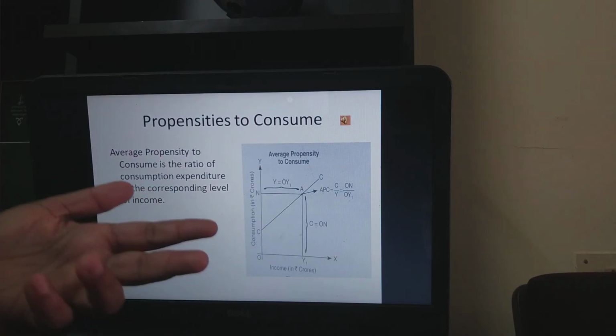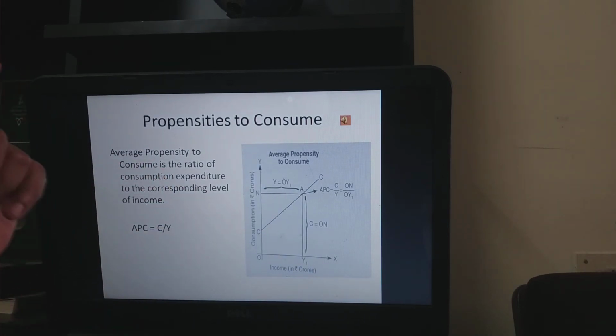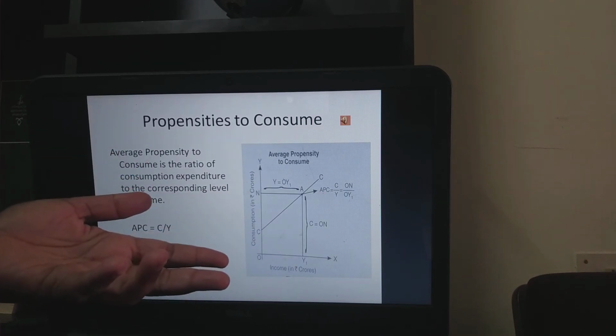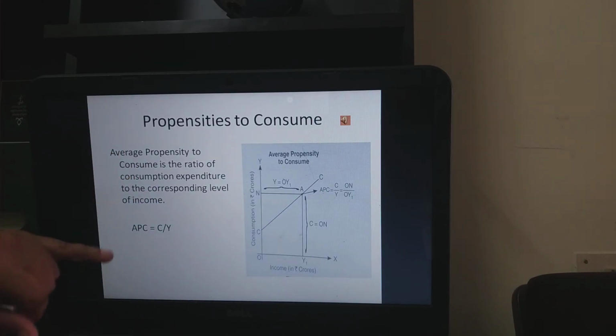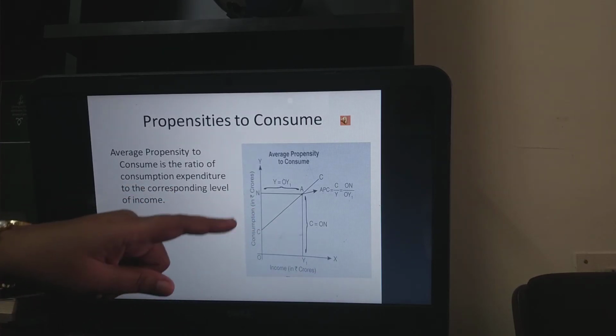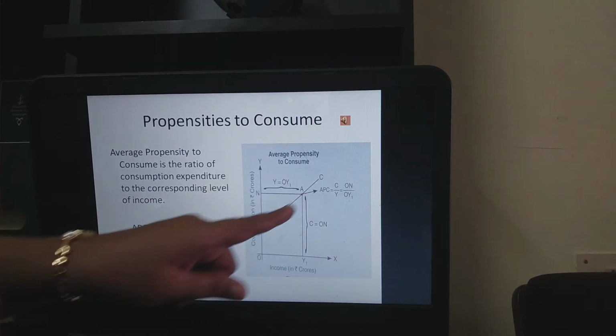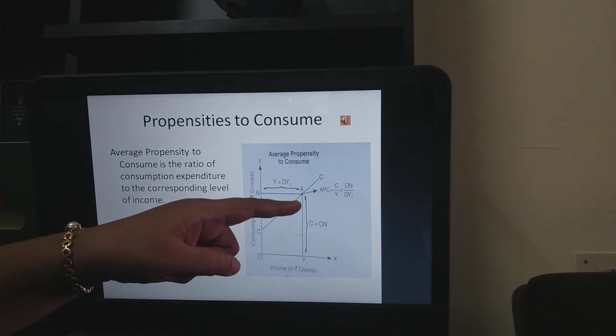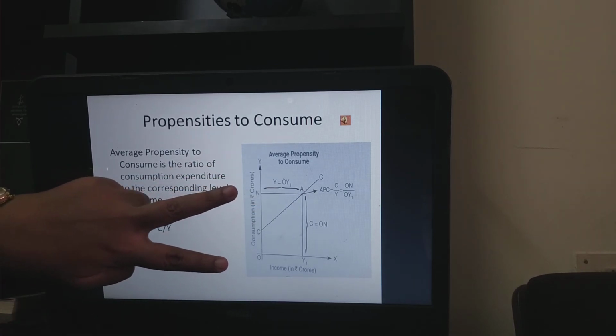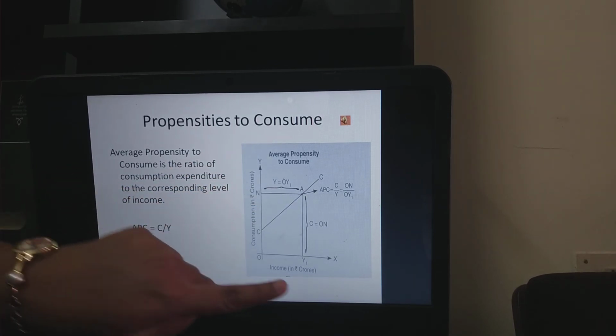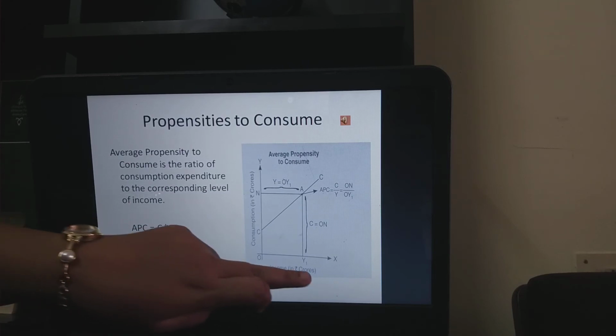I told you average propensity to consume is nothing but a specific level of consumption at a specific level of income, or APC is C by Y. In other words, it's a ratio of consumption expenditure to the corresponding level of income. So in the diagram, if CC is the consumption curve, then on this curve at point A, the consumption expenditure is ON at a specific level of income, which is OY1.